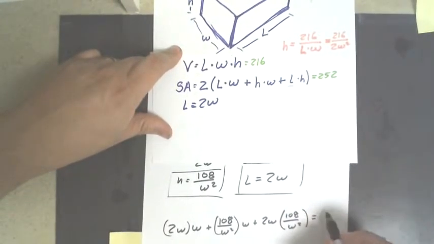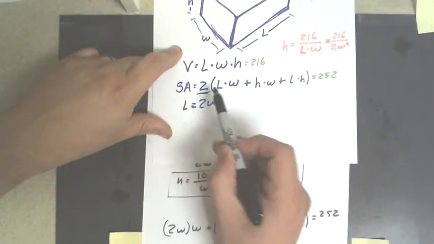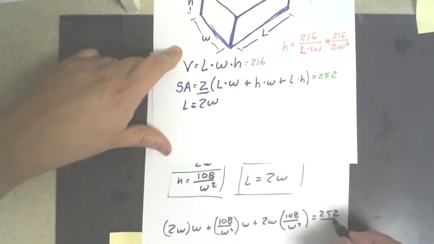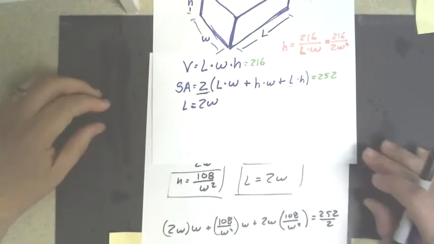And that's all supposed to equal 252. Now notice this thing was all times 2, and I hope you don't mind if I just divide that 2 out before I do any of that work. It'll save me some trouble later.